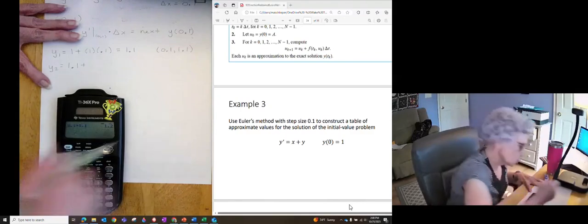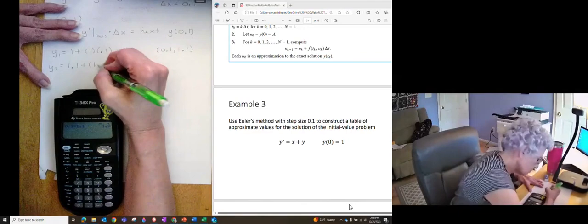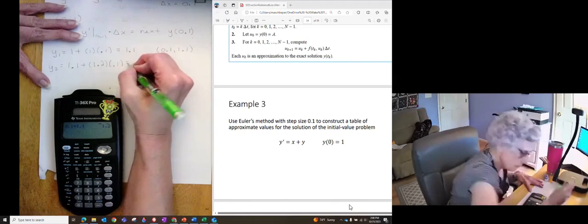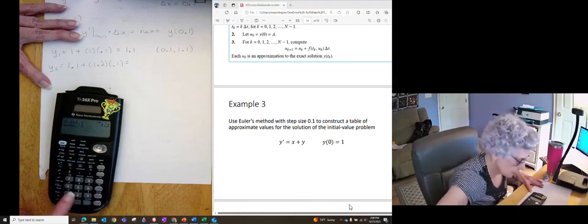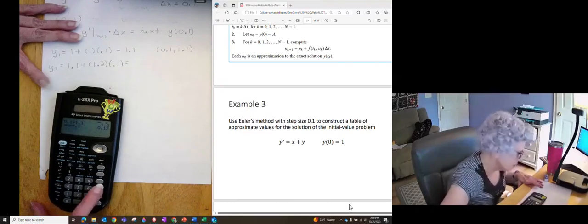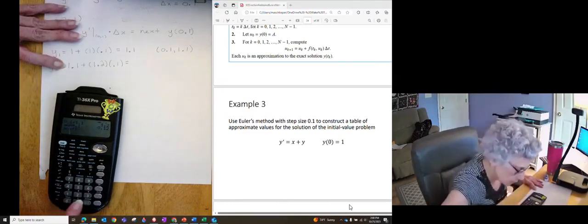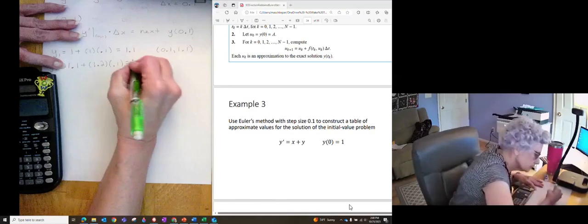My y prime is 1.2 times my step size, so times 0.1 equals 0.12 plus my old y, which is 1.22.